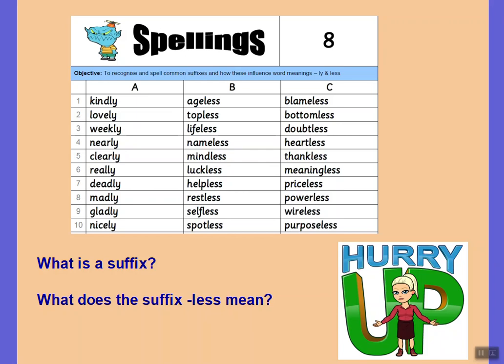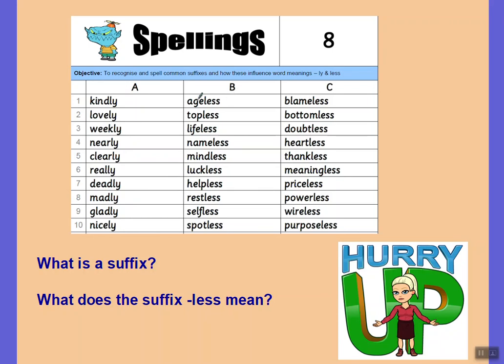Okay, so you should have your own whiteboards back now and just have a look at your spelling words on the top there. Okay, so if you're group A, your spelling words are, and I'm going to read them, so listen if there's one you can't read. Kindly, lovely, weakly, nearly, clearly, really, deadly, madly, gladly, nicely.